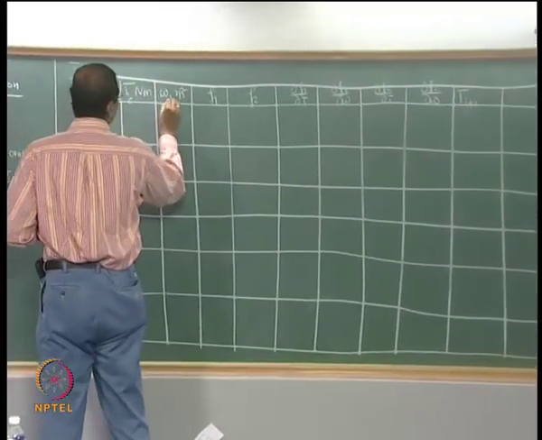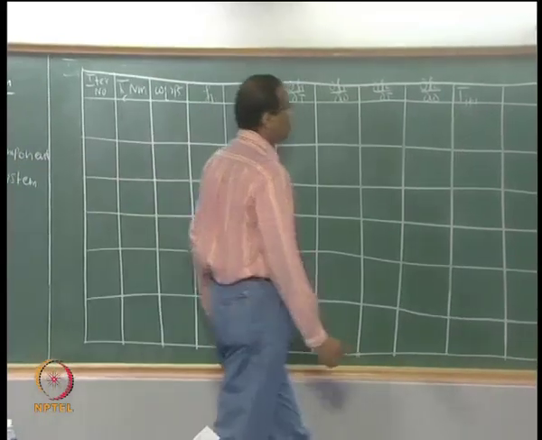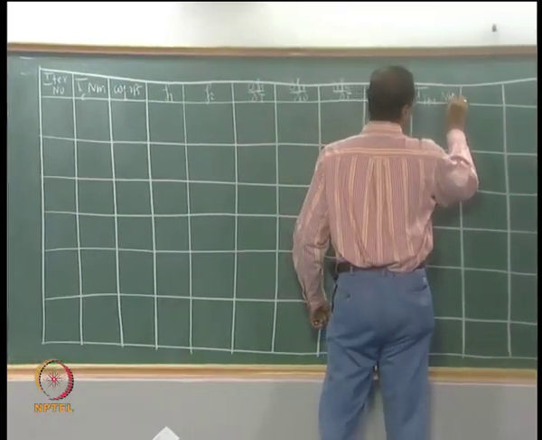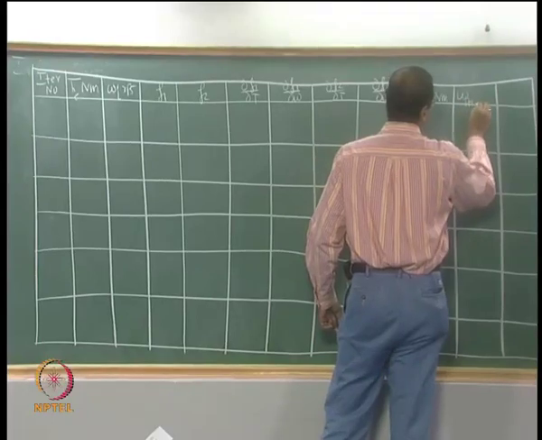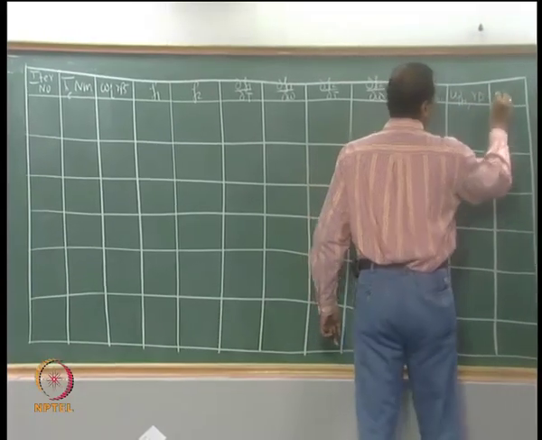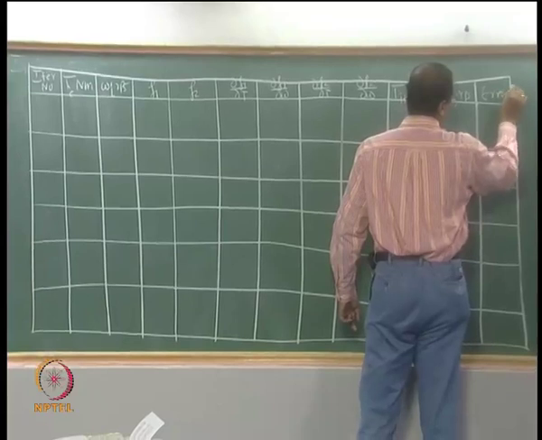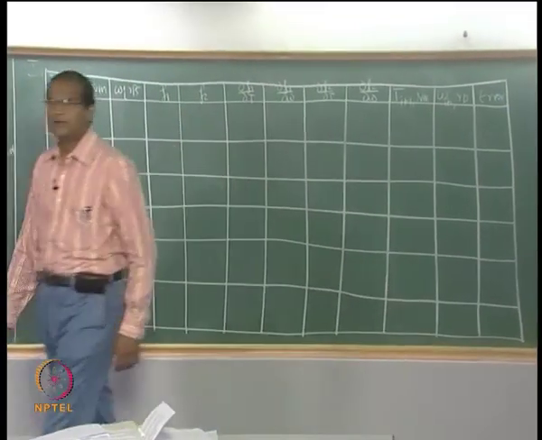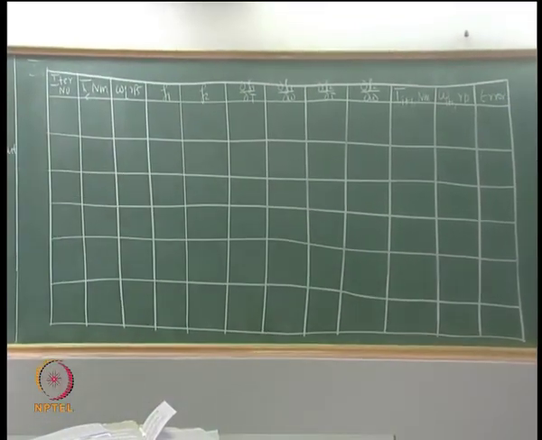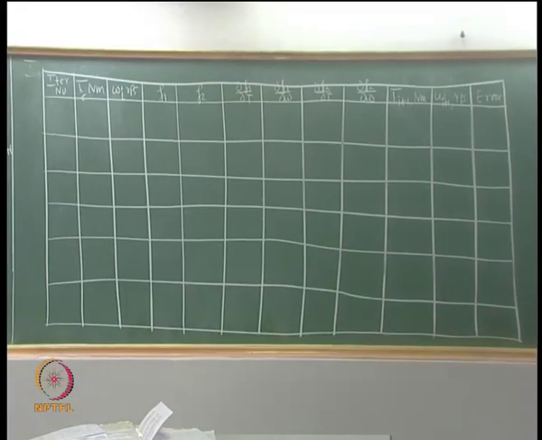So T i, omega i, T i plus 1. It has got 12 columns. As of now the number of rows is unknown, right.